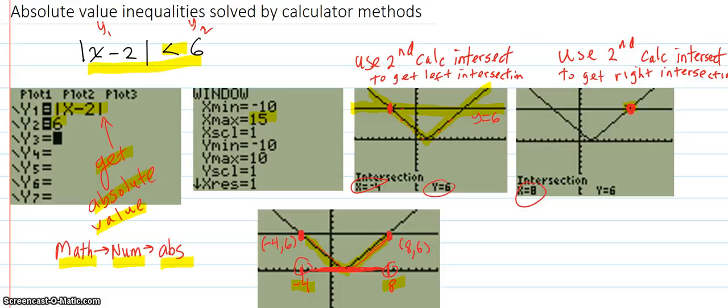That's all the x values that make the V, which is the absolute value of x minus 2, come in less than the y equals 6 line. This is the y equals 6 line. So these are the x's, and then you just translate that into -4 is less than x is less than 8. Translate that into interval notation, and you're done.